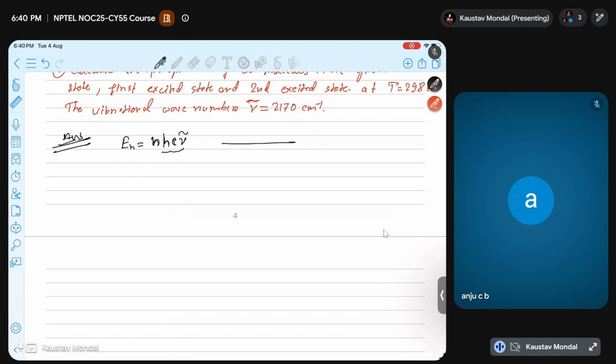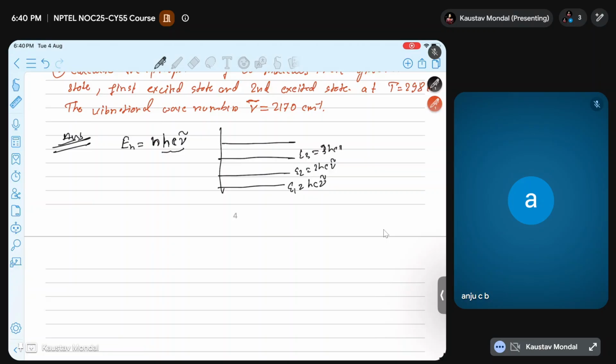So let's suppose these are the energy levels. E1 is equal to hc nu tilde, E2 is 2hc nu tilde, E3 is 3hc nu tilde.